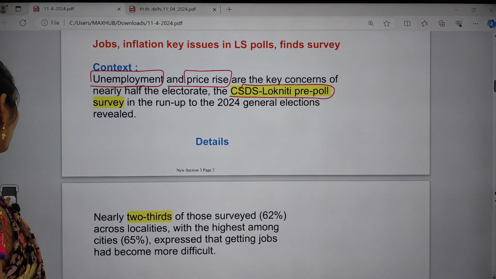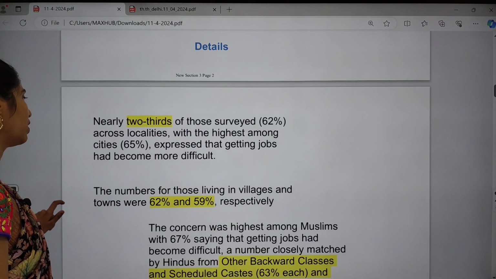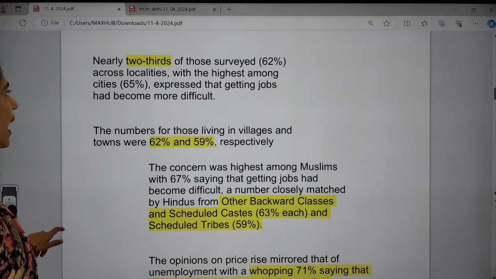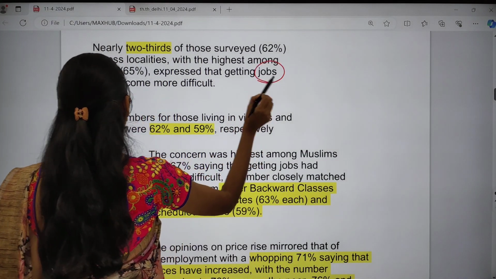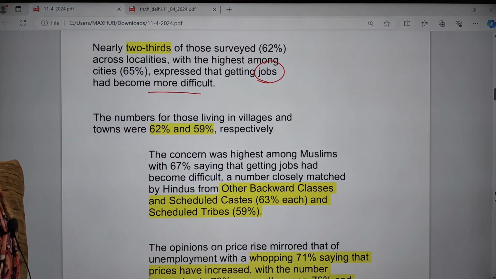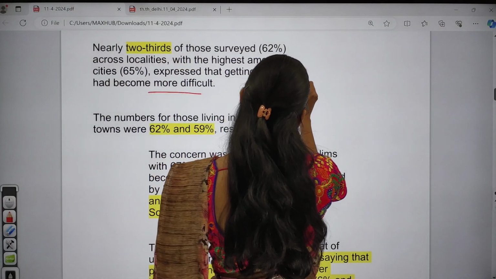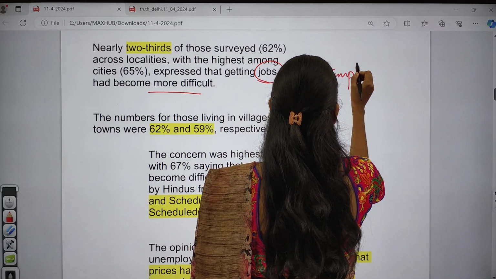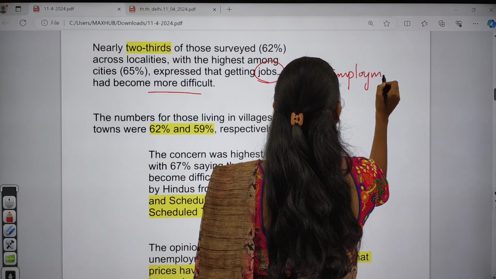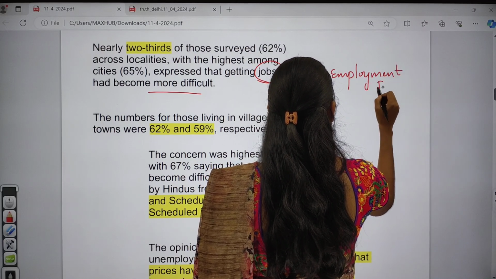Nearly 2/3 of those surveyed across localities, with the highest among the cities, expressed that getting jobs had become more difficult. That means there is an increased unemployment rate.